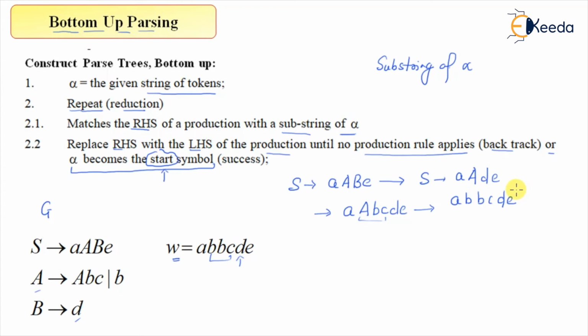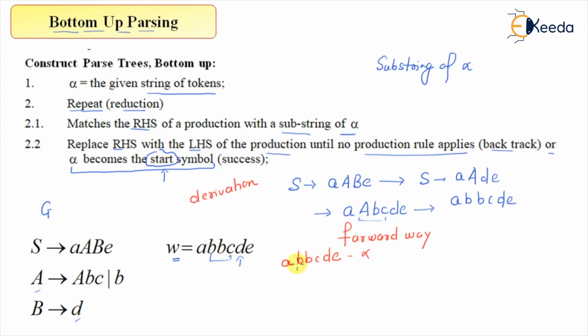So this is the forward way, a derivation. What we want is the same thing reversed. We start with a, b, b, c, d, e, and this is my alpha.